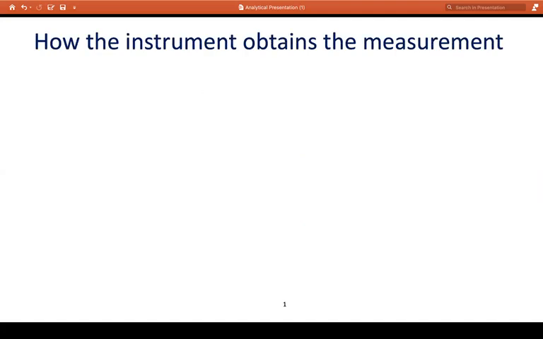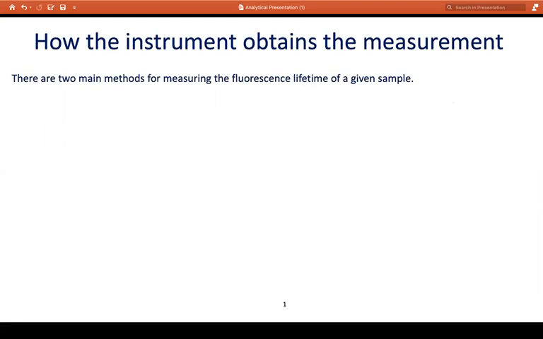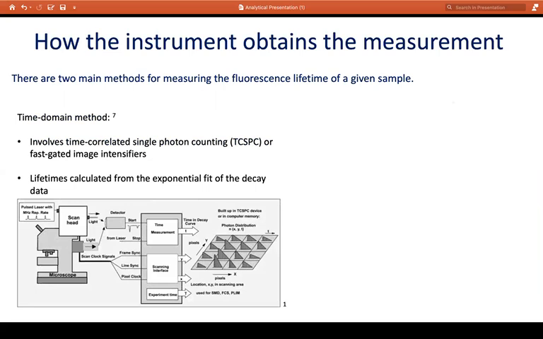So now I'm going to describe how the instrument obtains the measurements. There are two main methods for measuring the fluorescence lifetime. First one is the time domain method. It involves time-correlated single photon counting or fast-gated imaging. Lifetime is calculated from the exponential fit to the decay data. The second one is the frequency domain method.